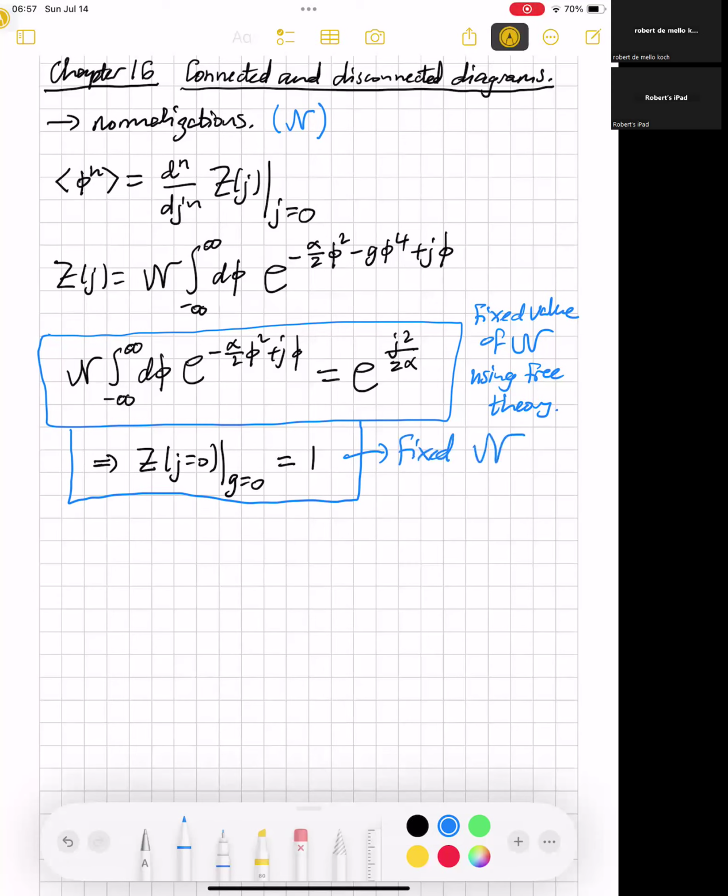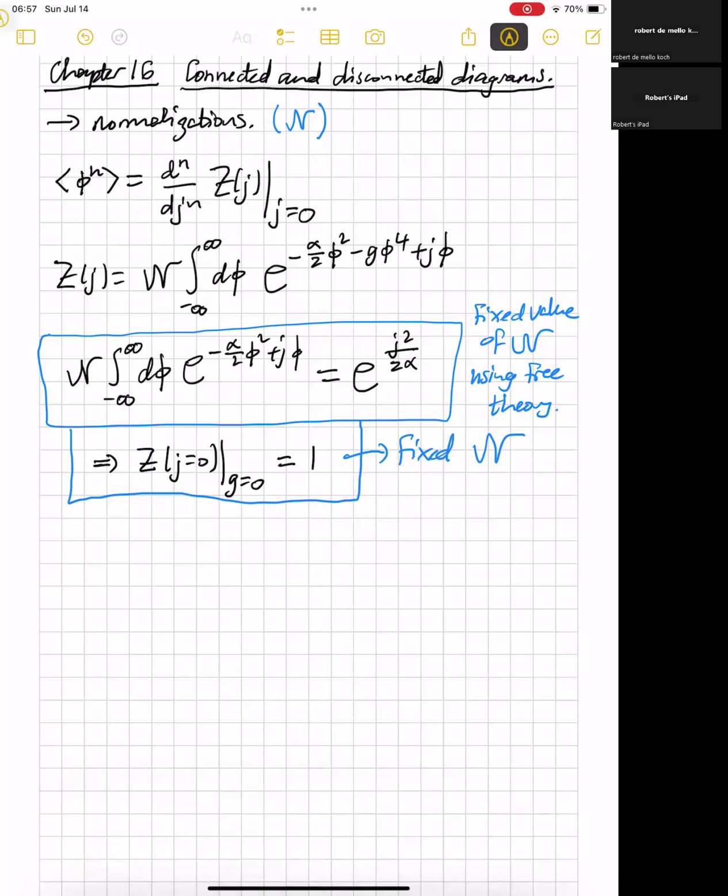Good. Now, next thing I want to remind you of, just a few of the results that we calculated. So we calculated the phi squared correlation function. What was that equal to? Well, it was the sum of that diagram plus the sum of this diagram plus the sum of that diagram. And then there was also order g squared. And we worked out what each of these diagrams were. The first term was 1 over alpha.